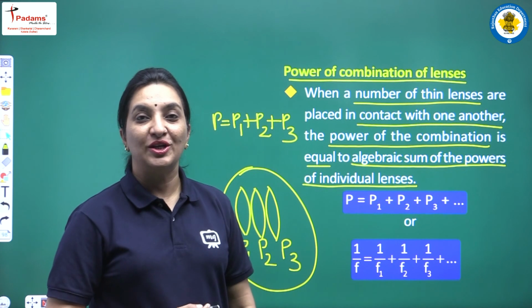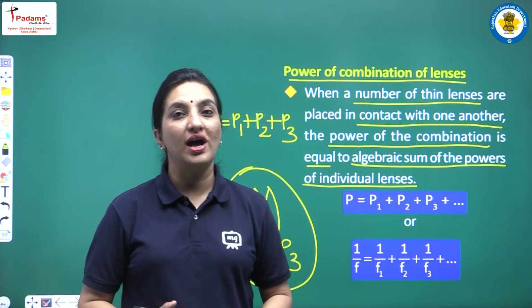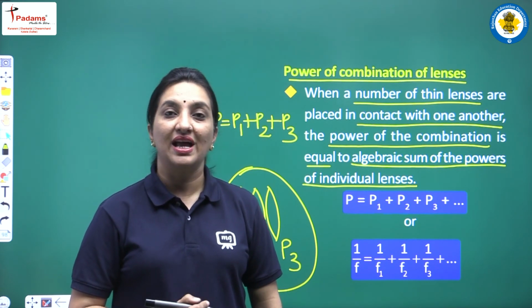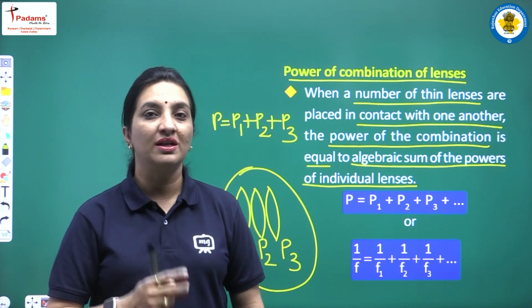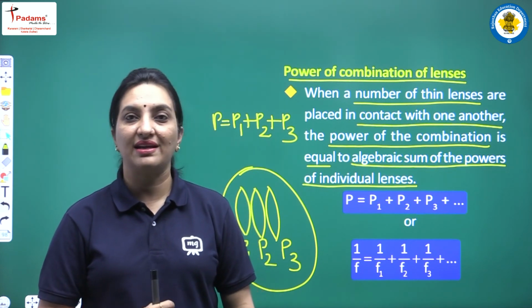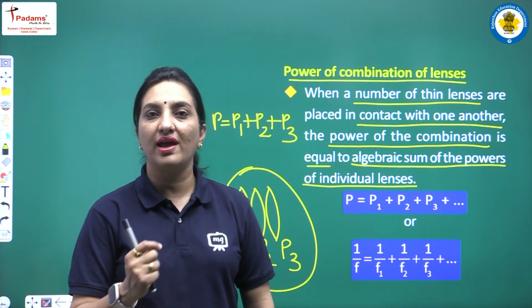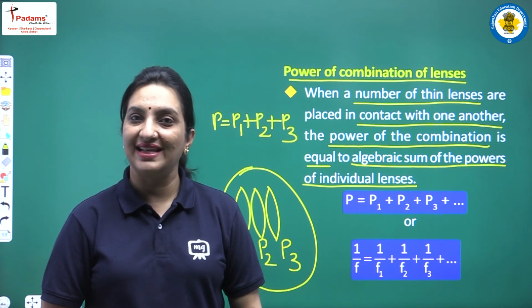So students, what we learned today is how image is formed in case of concave lenses, and we saw that basically there are only two positions of the object. First, when the object is placed at infinity, and second, when the object is placed anywhere between infinity and optical center of the lens.